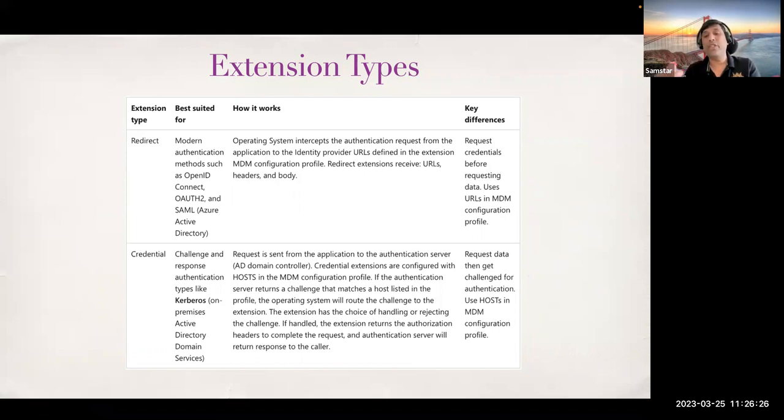There is an agent which we need to install on the Mac device. It redirects your authentication to that broker, and the broker, on the application's behalf, goes to Azure AD and gets you an access token. So Microsoft Enterprise SSO is a redirect extension type.